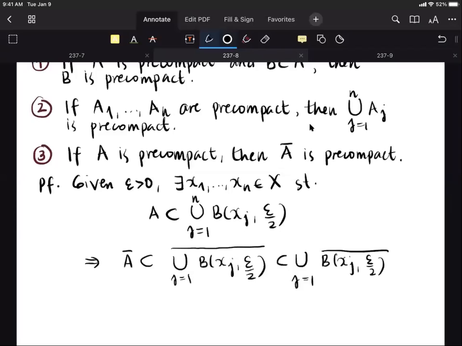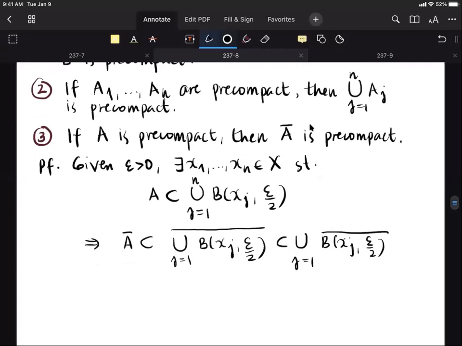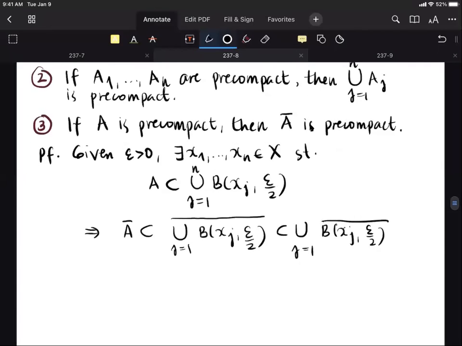Since the closure of this ball is the closed ball, and the closed ball with radius epsilon over 2 is contained in the ball with radius epsilon, you end up with the pre-compactness of the closure.